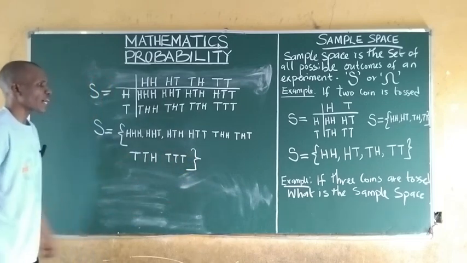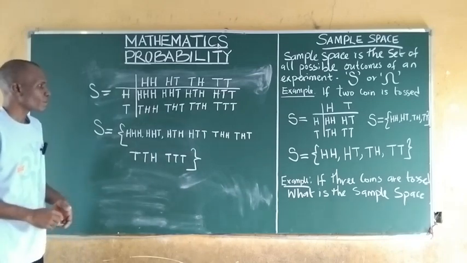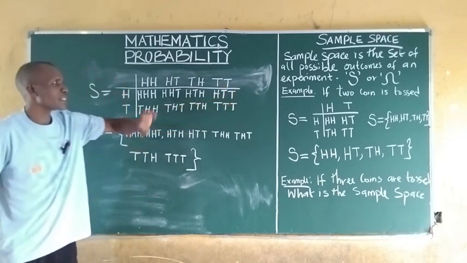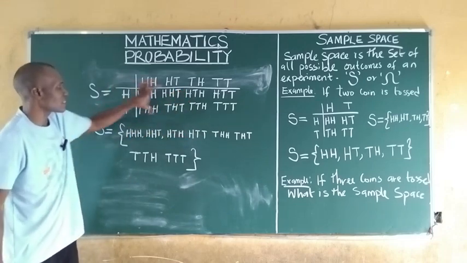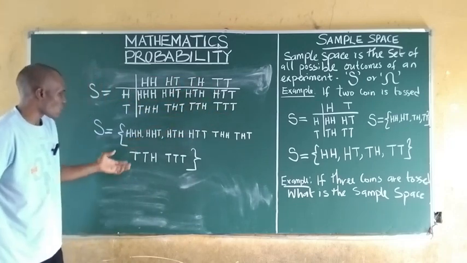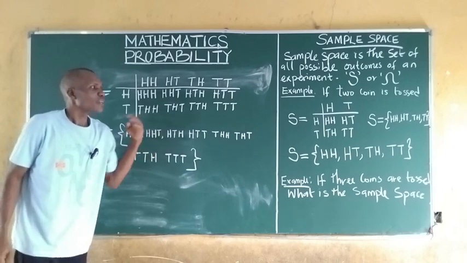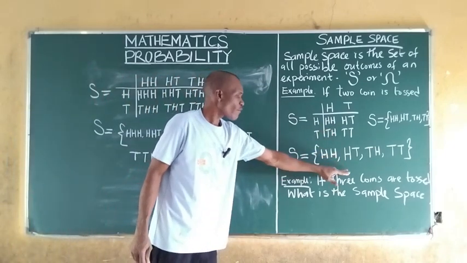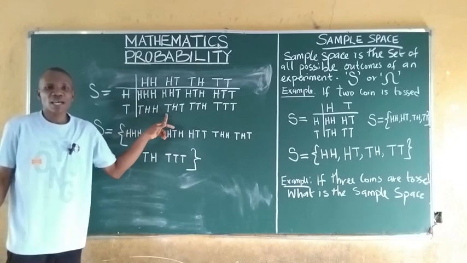These are the possible outcomes we can get if we toss three coins. This brings us to our definition of a sample space: the set of all possible outcomes of an experiment. If two coins are tossed, we have 4 outcomes, while here we have 8 outcomes.